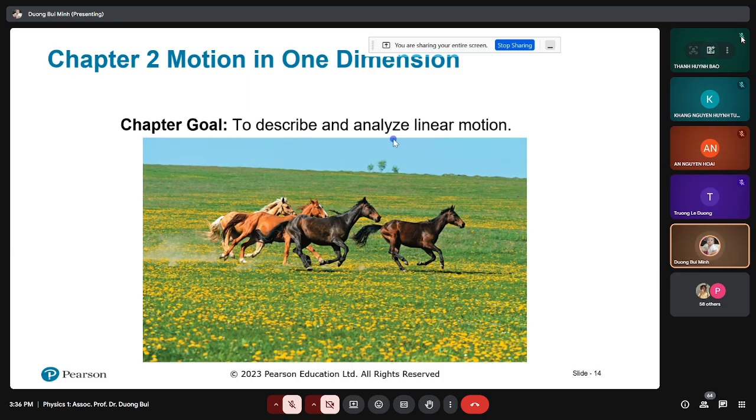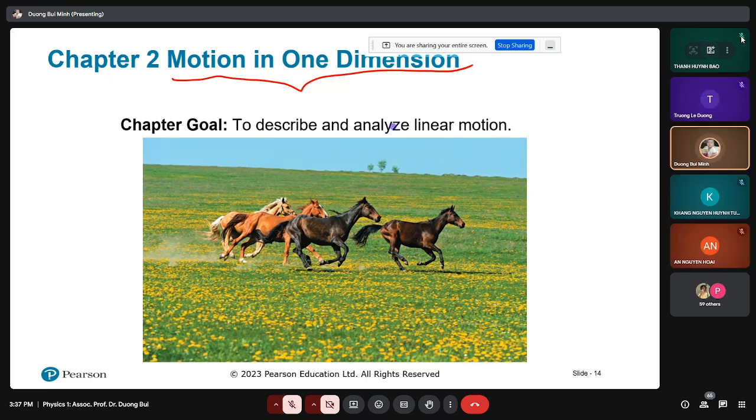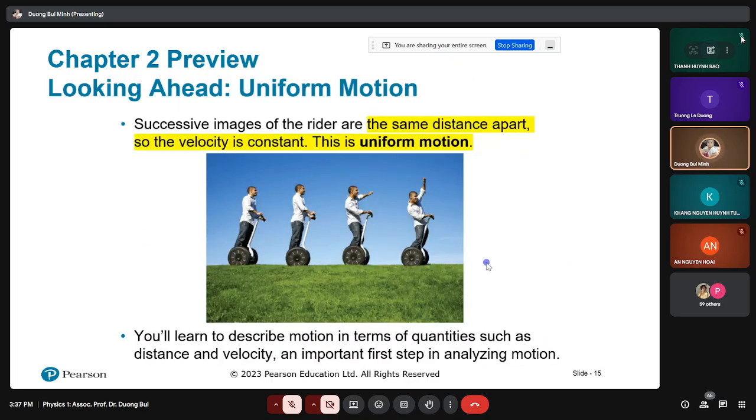Okay, so now, of course, we discuss motion in one dimension. For example, here we describe and analyze linear motion. We have a horse, and the horse follows the x-axis direction. Or here we have uniform motion. What is uniform motion? We have delta t, from t initial to t final, and they get the displacement delta x. Delta t1, delta x1, and here the same time interval and the same distance.